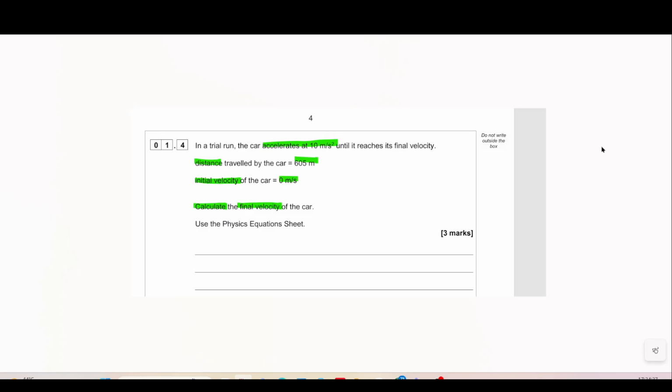Initial velocity. Okay, fine. Final velocity, initial velocity, acceleration, and this is distance. In which equation do we have all of these? Acceleration, final velocity, and distance.